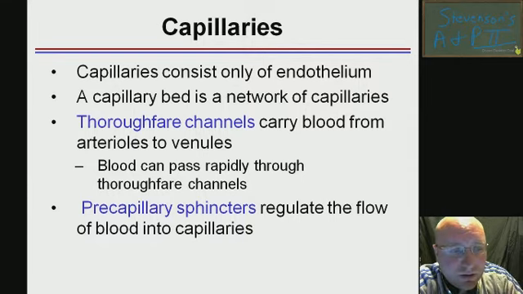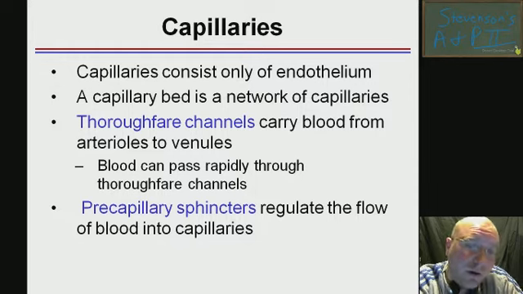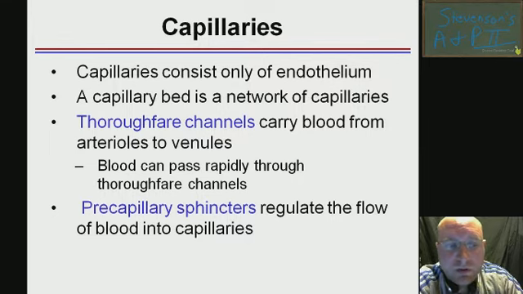Thoroughfare channels help to carry the blood from the arteries to the venules. It's where they move from the arteries to the veins. But you move not artery to vein, but you get these little small things called arterioles. You have the venules. So you go arterioles to capillaries to venules, and then from the venules you go to the veins.